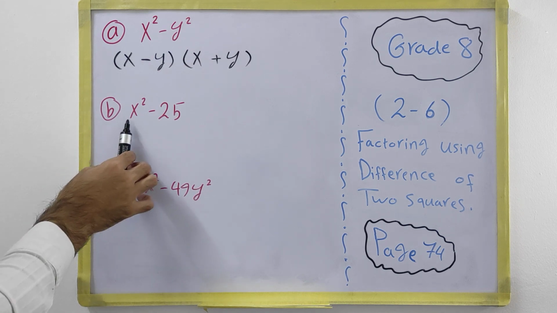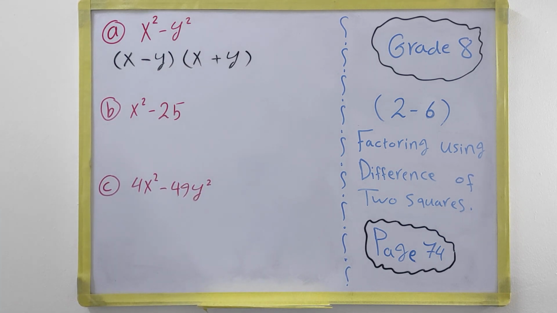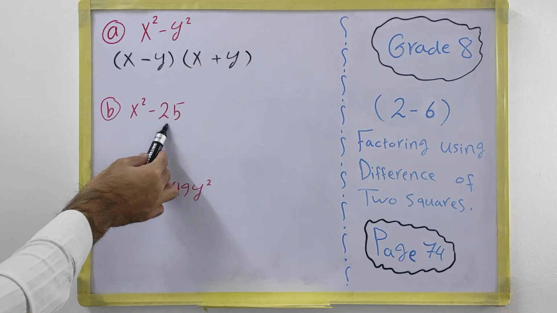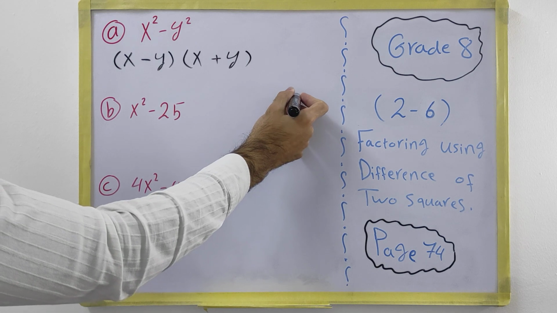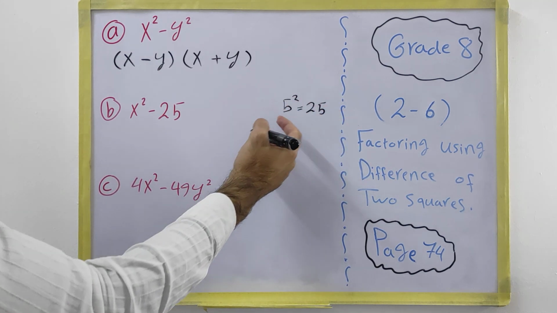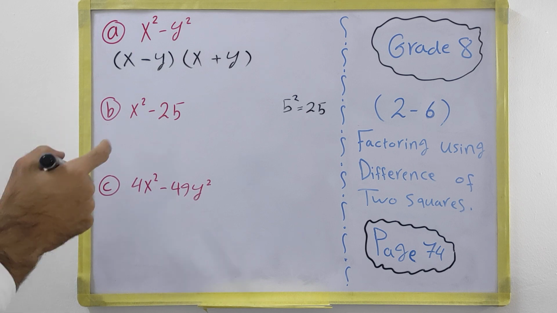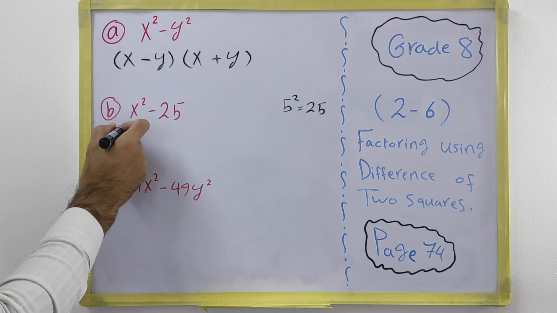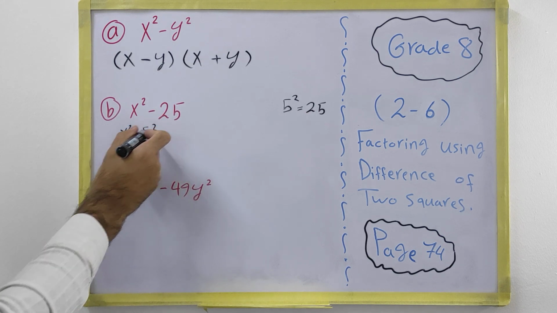Then for the second one we have x power 2 minus 25, which is a number. But we know that this number is a number power 2, 5 power 2 is 25. 25 is a perfect square, which came from 5 power 2. So for this case we know that this is x power 2 minus 5 power 2.